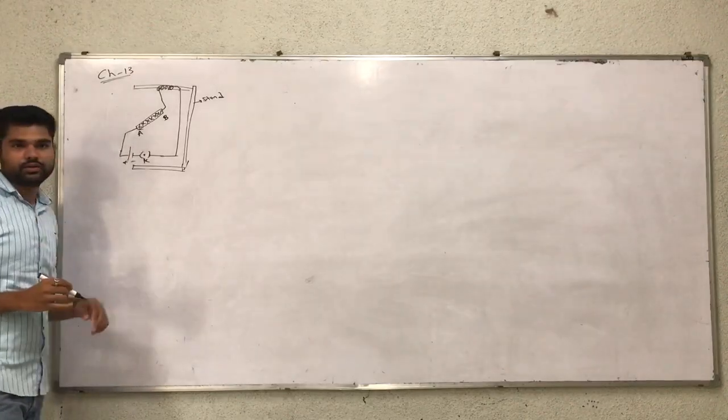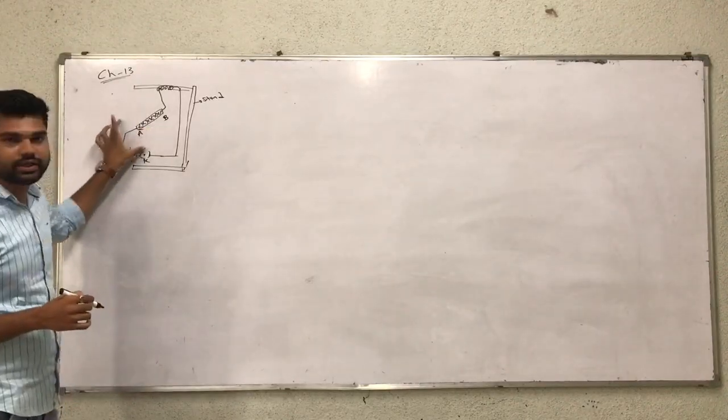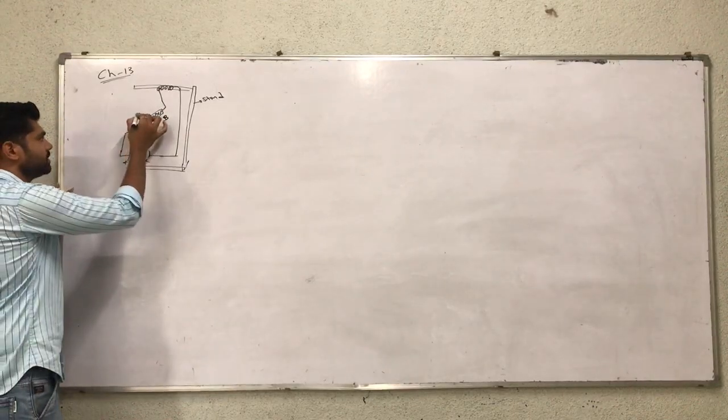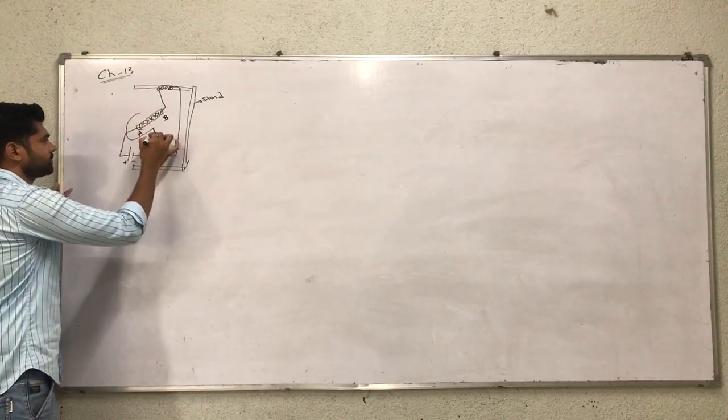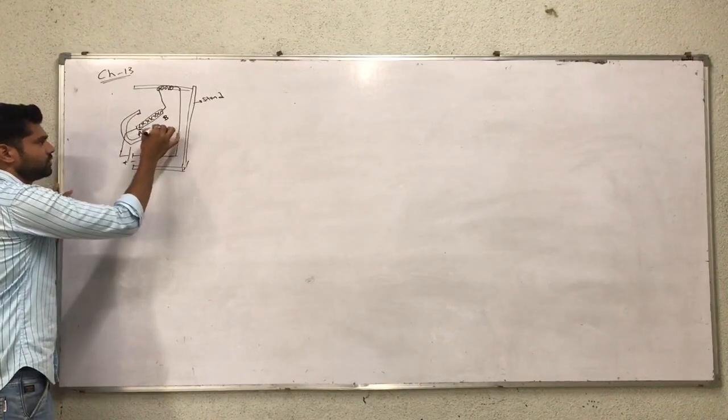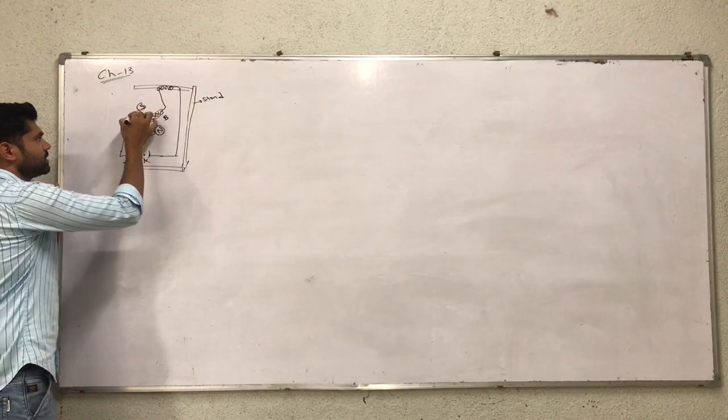Now the conducting wire is placed between a horseshoe magnet, it means a U-shaped magnet, with its north pole and south pole.